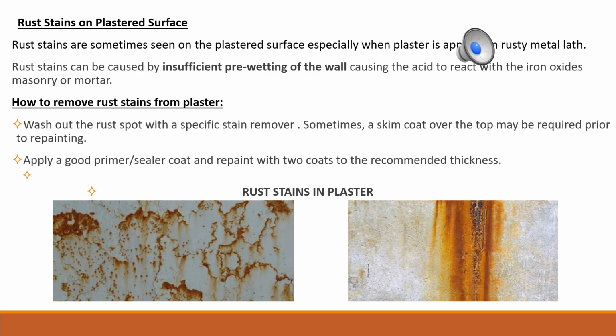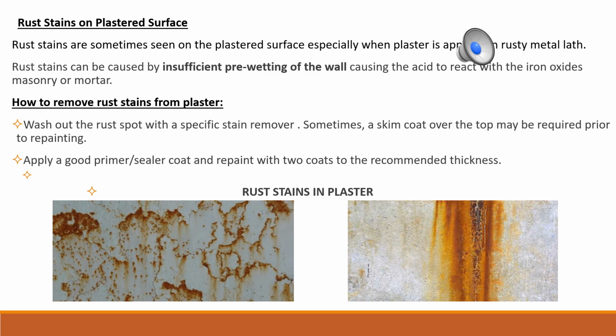All these things are to be avoided because, due to the accumulation of moisture in the plaster, the nails, rusty expanded metal and rusty washers will transfer the rust to the external surface of the plaster. So we have to avoid any type of these materials.